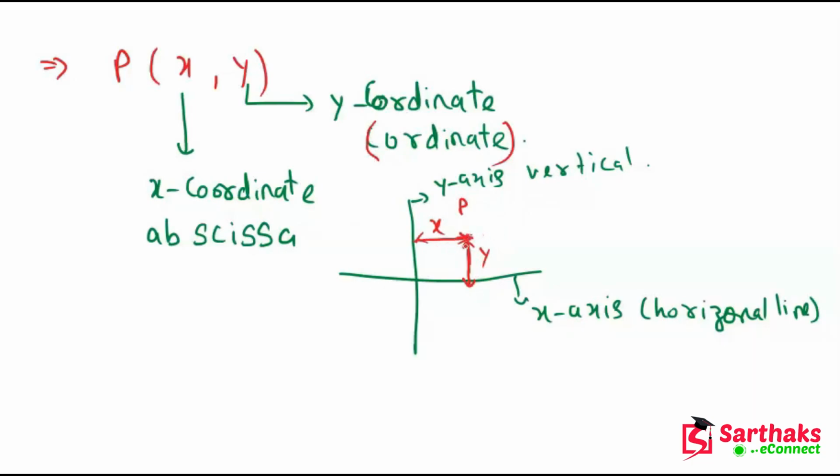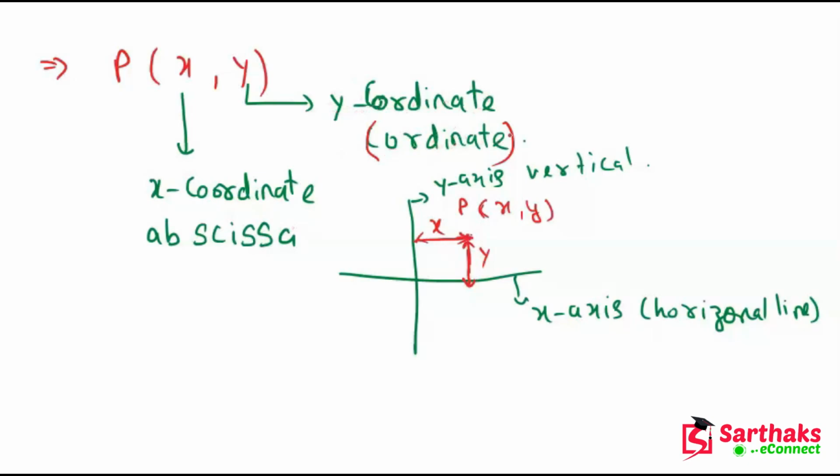So we can write here x comma y. What is x comma y? My dear friends, I hope you understand this concept. What is point P, what are the coordinates, what is the x coordinate, what is the y coordinate. The other name of the x coordinate is abscissa and the other name of the y coordinate is ordinate.